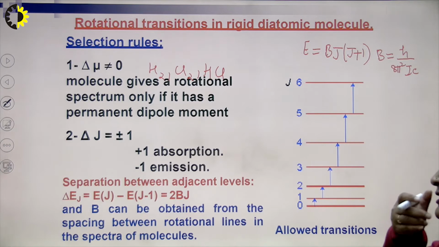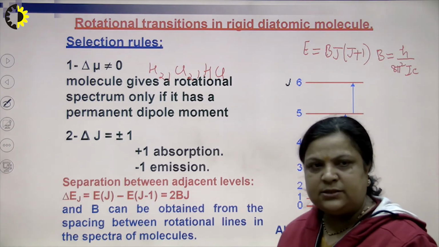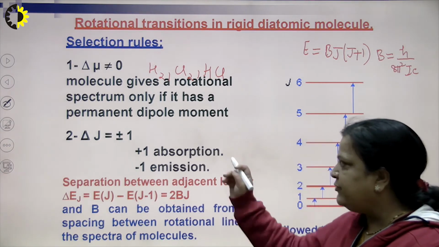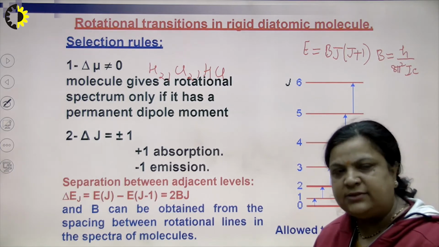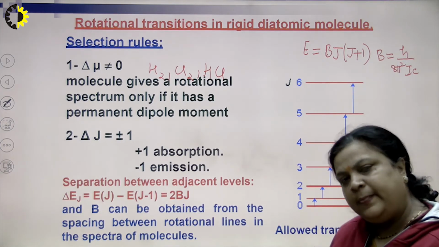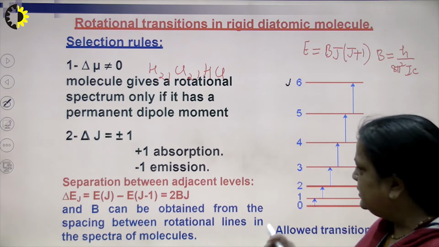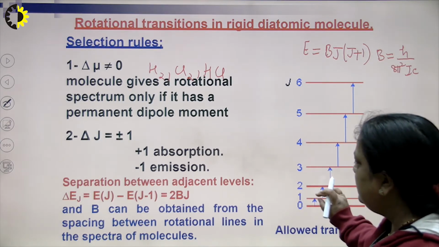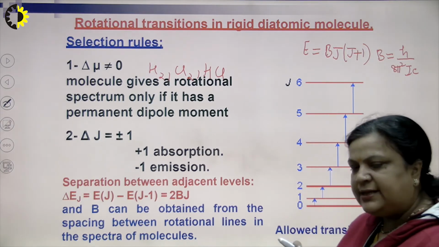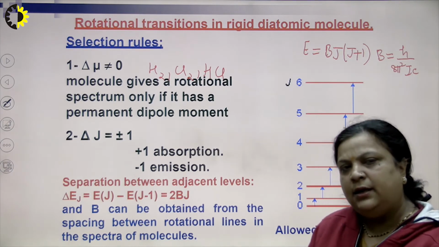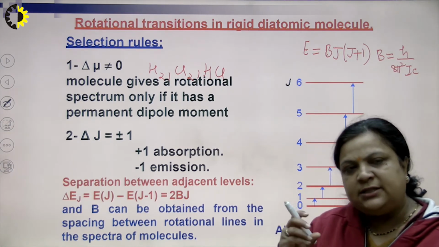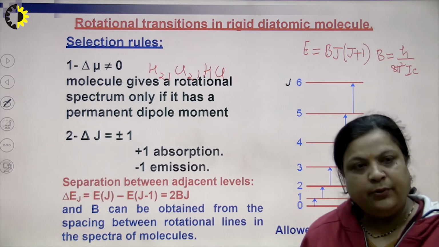Now, second, delta J must be plus minus 1; plus 1 is for absorption and minus 1 is for emission. The transition occurs when the two rotational quantum numbers differ by unity.